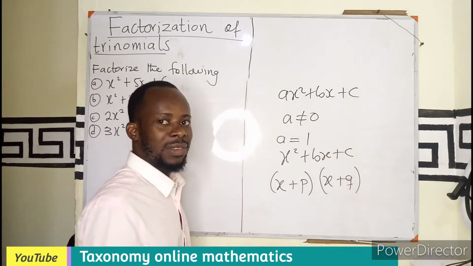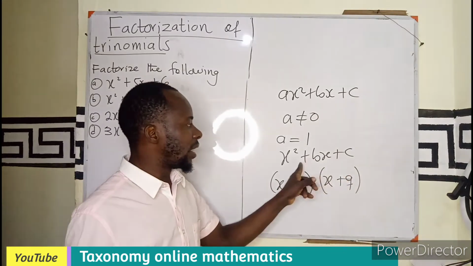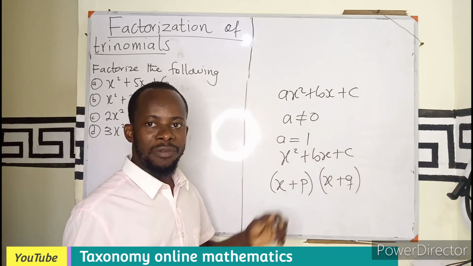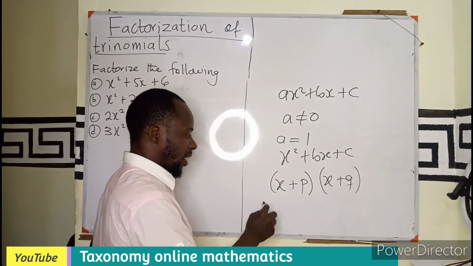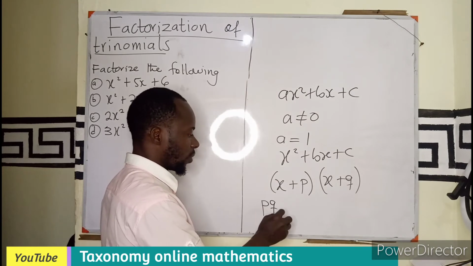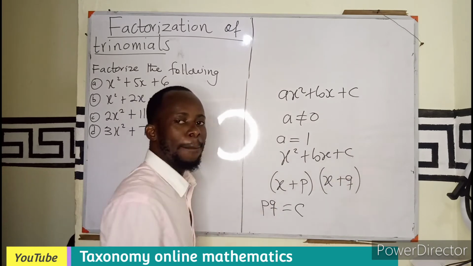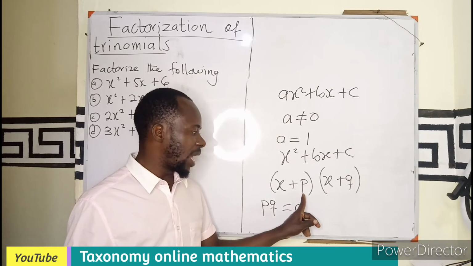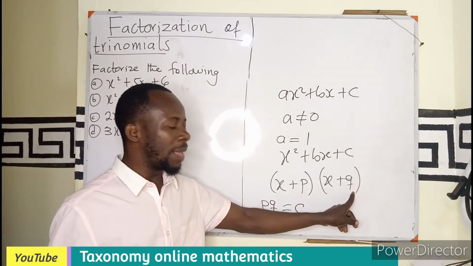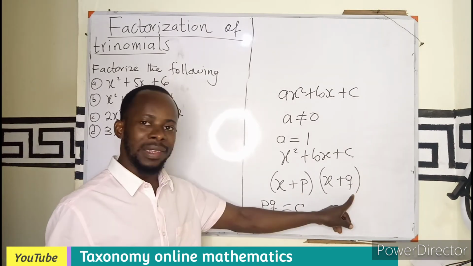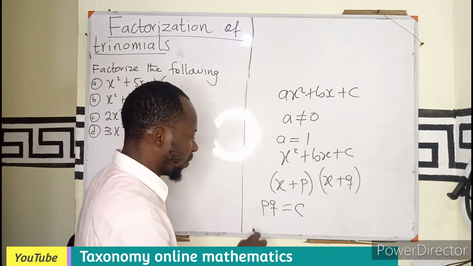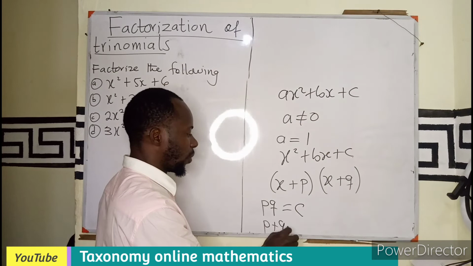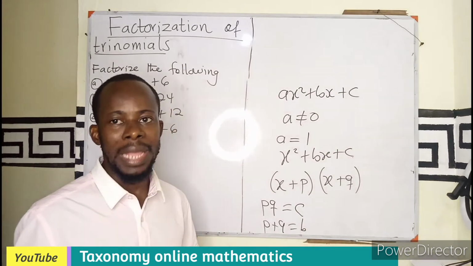The plus and the minus will change as the negative signs for the b and c are placed. We know that pq equals the c term, meaning if I multiply the values, regardless of their sign, I should get the c term. And if I add p plus q, I should have my b term.